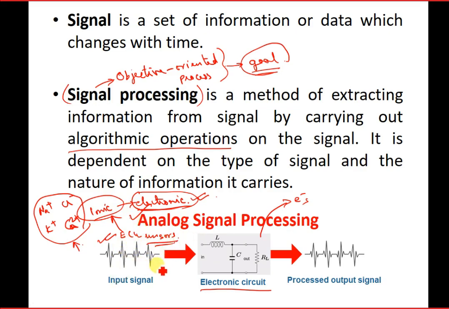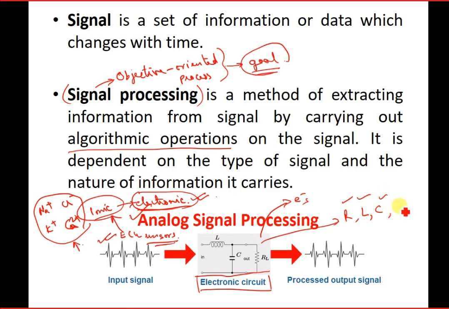Now we have the ECG signals, then we have the electronic circuits. In the electronic circuits, we have a combination of various analog components like R, L, C, where R means resistance, L means inductance, C means capacitance.